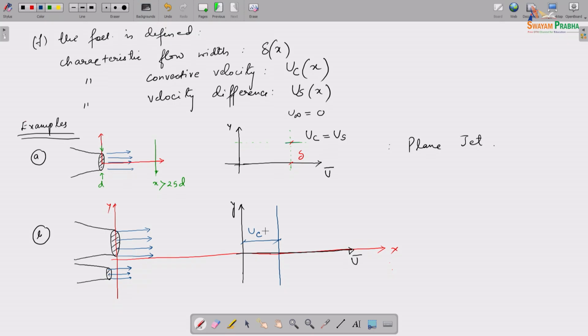But the moment I come here, right, I also have this. So then I have another, so this velocity component is now going to be added, right. So it's going to be added. So then I have another component of velocity here, something like this, right.